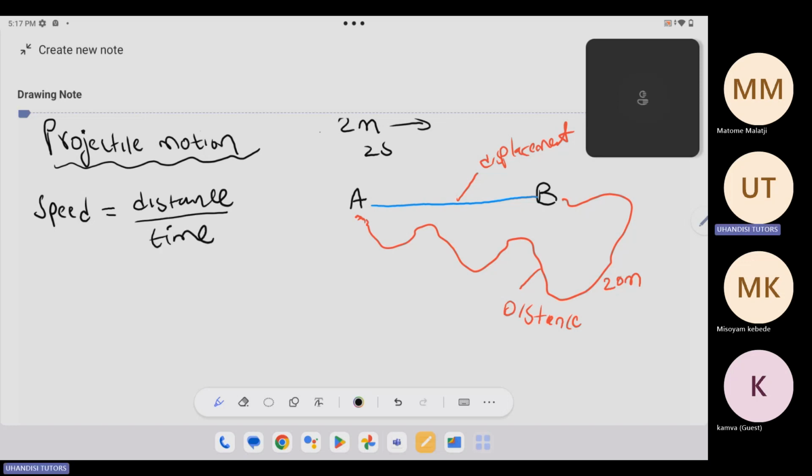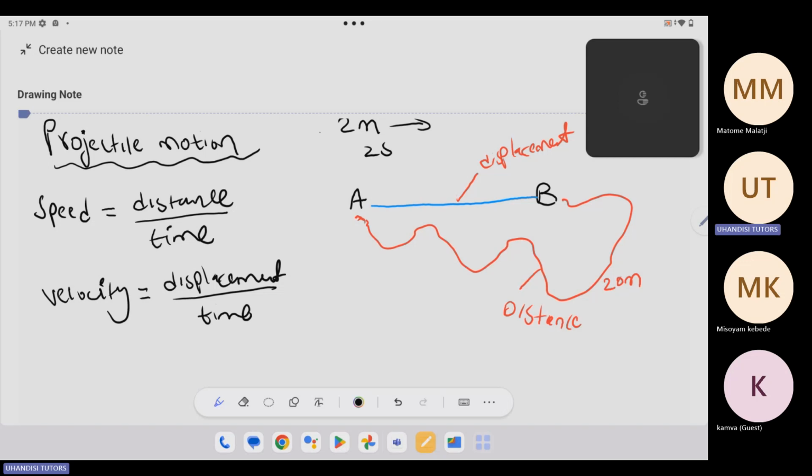And speed is a scalar quantity, because when we express it, we do not indicate the direction. Then we have what we call the velocity. What is the velocity? The velocity is the rate of change in your displacement, the rate at which your displacement is changing. So your velocity is basically just your displacement over time.